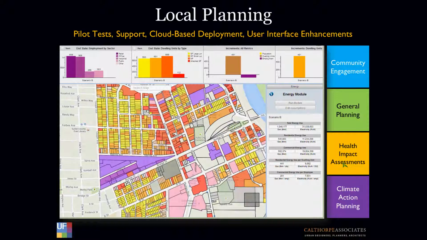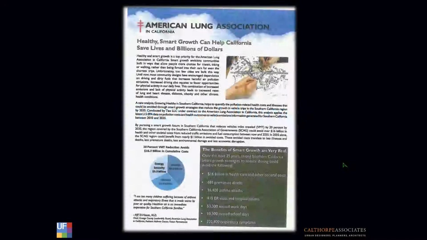And allowing that to significantly improve community engagement and planning as it relates to the general plan, the health impact assessment, the climate action plan, and hopefully an integrated approach to all of those is really a longer-term goal, being able to make better, more informed planning by default much more possible and reduce the friction to that across the state.